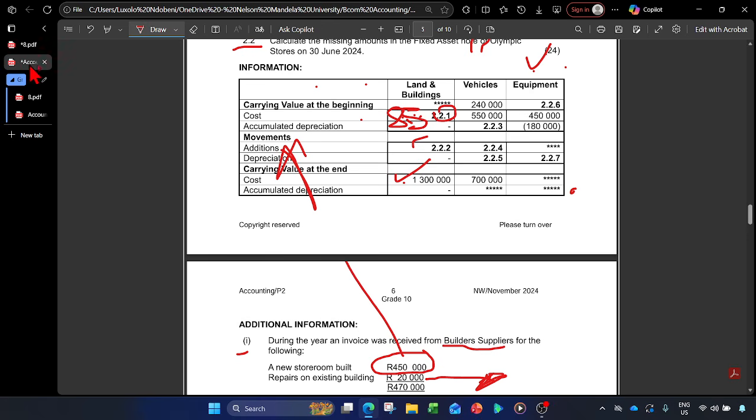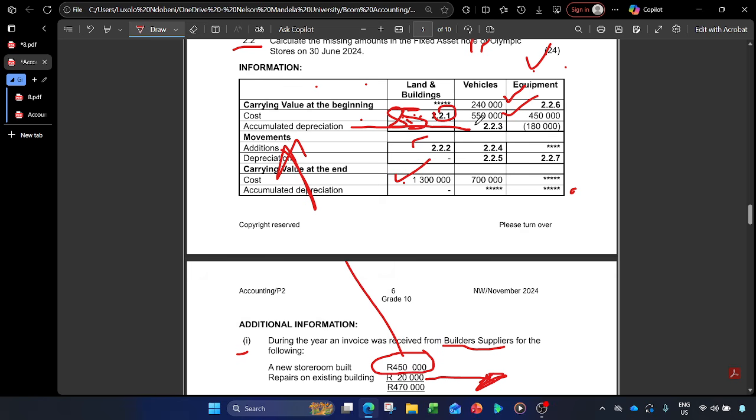So 2.2.3 is straight to the accumulated depreciation. You can see here they didn't give you the accumulated depreciation, but they gave you the cost, which is 550, and they gave you the carrying value, which is 250,000.